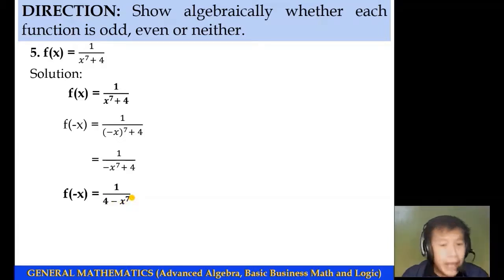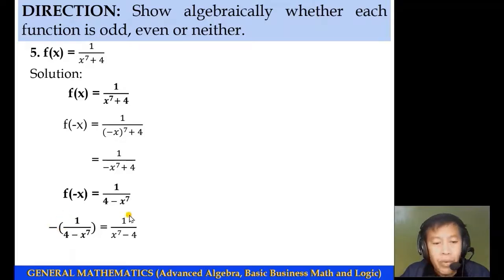We are going to check if this resulting expression is an additive inverse of 1 over x raised to 7 plus 4. What we need to do here is to get the negative of this rational expression, which is 1 over 4 minus x raised to 7. And this is it.